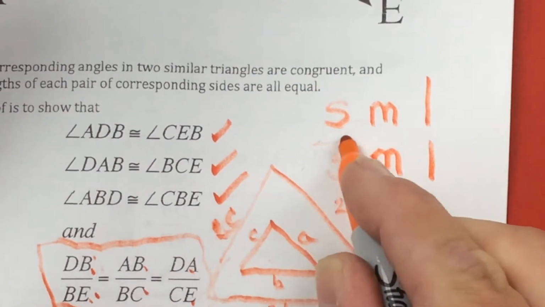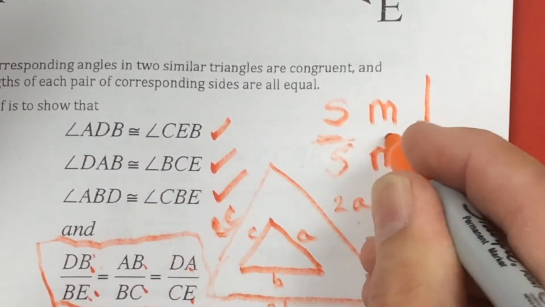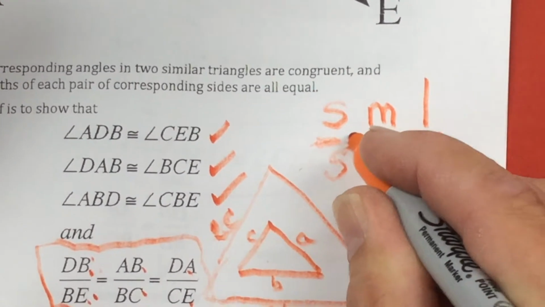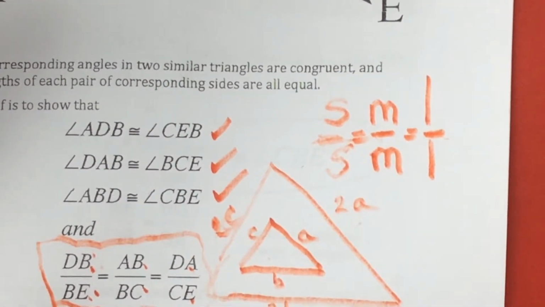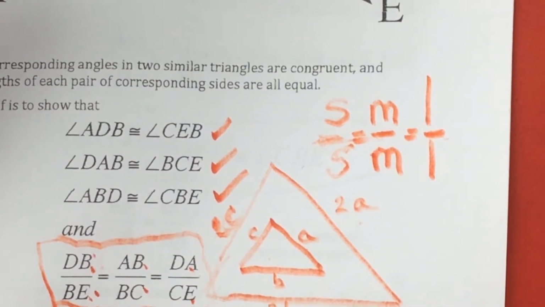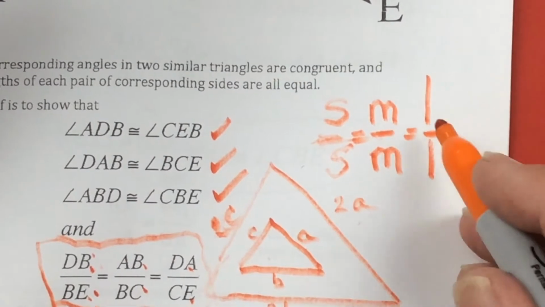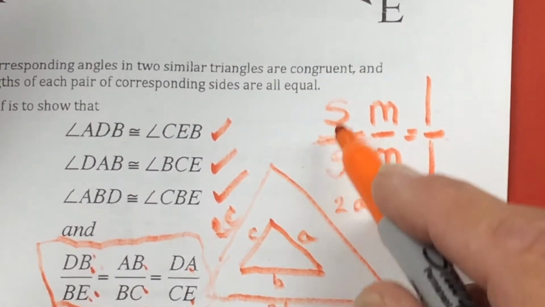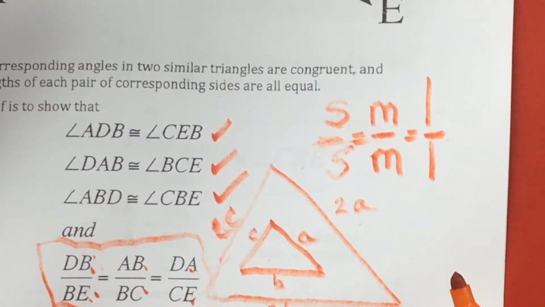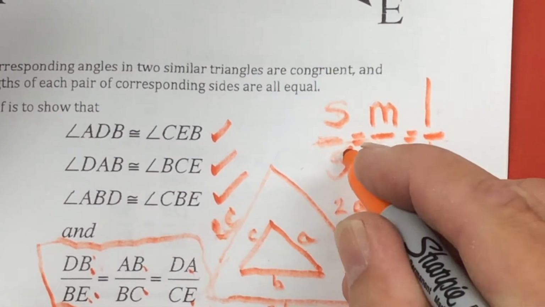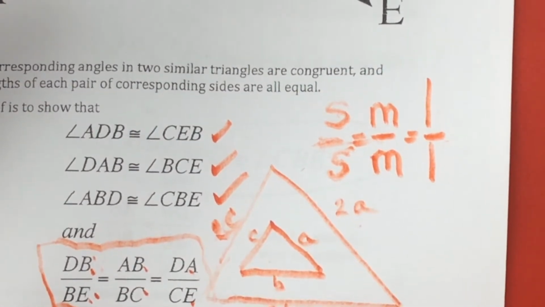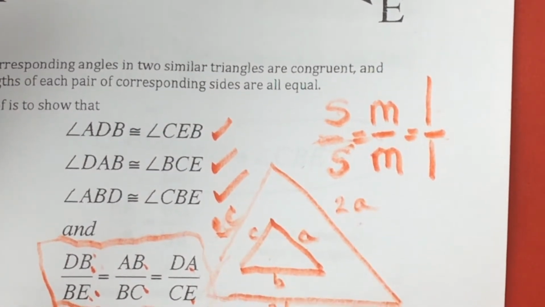If it turns out that these ratios are equal to each other, you don't have to do anything else to prove that the two triangles are similar. Obviously, if you take the large one and compare it to the small one, and the small one and compare it to the large one, it's not going to work. So this is actually really the first step in trying to decide whether or not two triangles are similar.